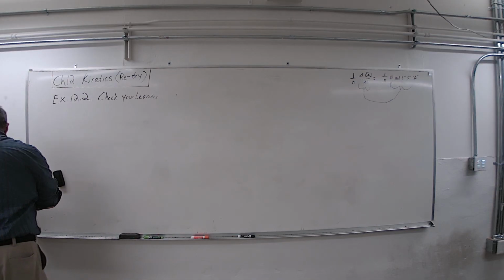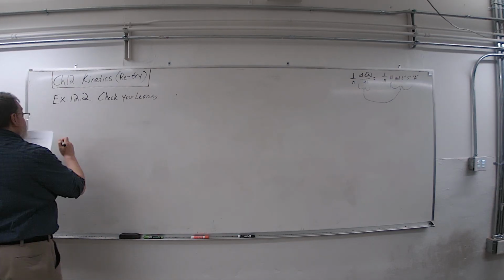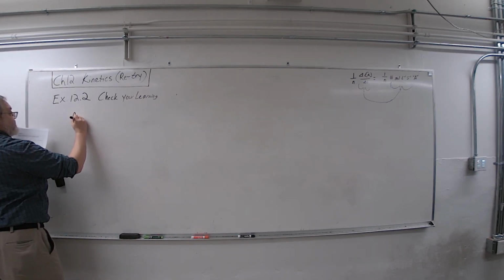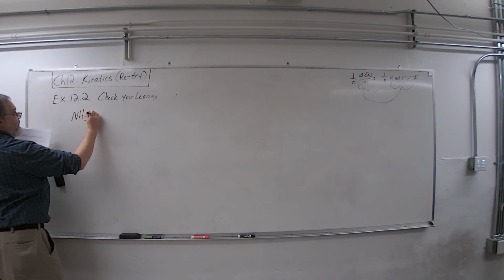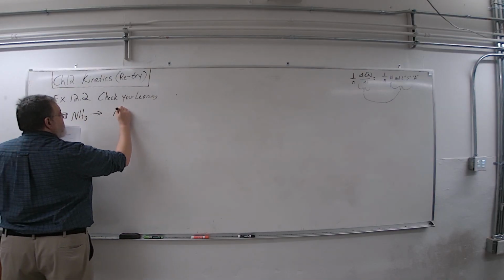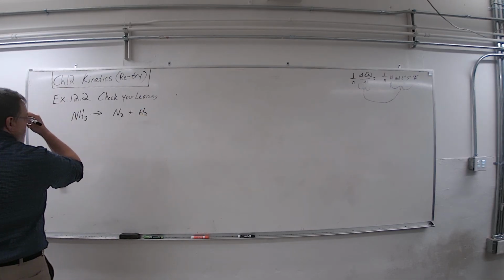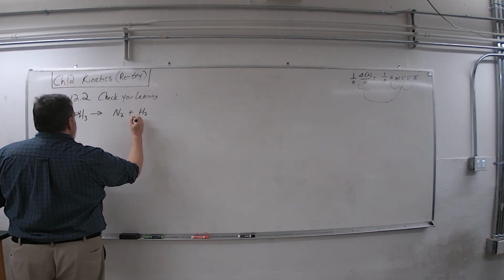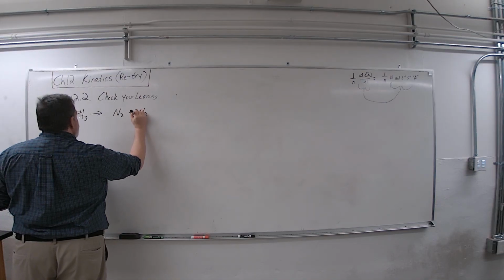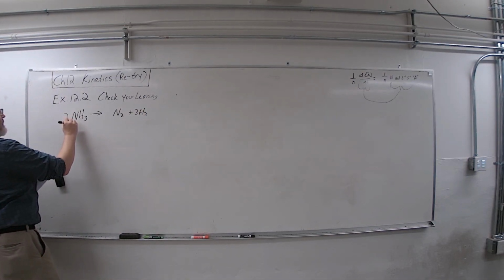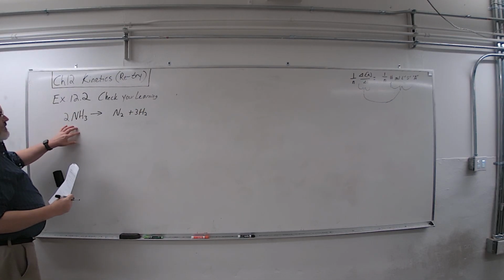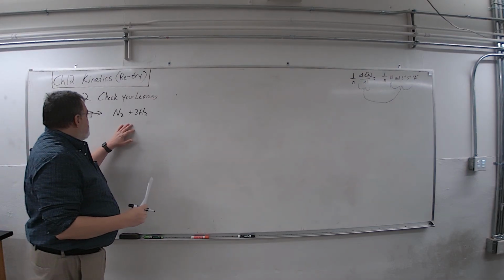It just says decomposition of NH3, but I will always give you this: NH3 down to N2 plus H2, balanced. 2 of those, 6 of those.